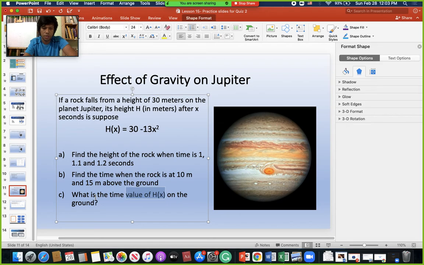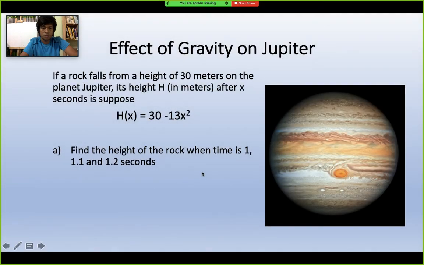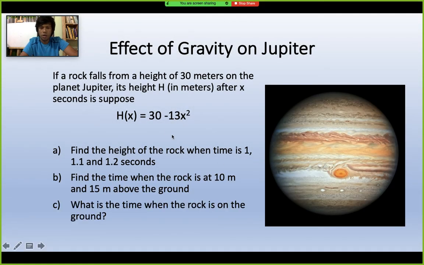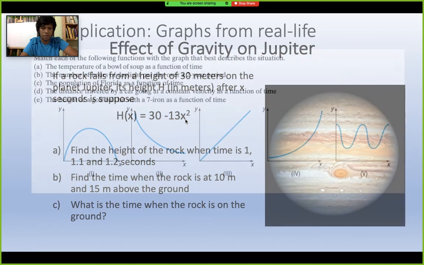Then the question is clear. What is the time when the rock is on the ground? So on the ground means h of x equals to 0. You have to find out x equals to what. So this kind of math.